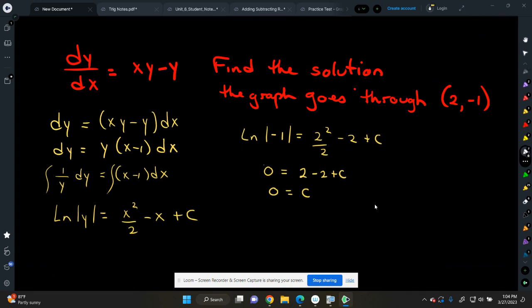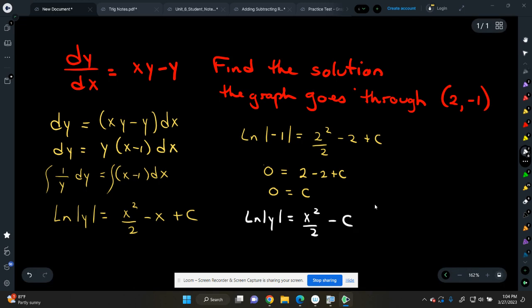Okay, so we're going to substitute that c value in. So we got the natural log of y equals x squared over 2 minus x. Now it's time to do our solving a logarithmic equation stuff.